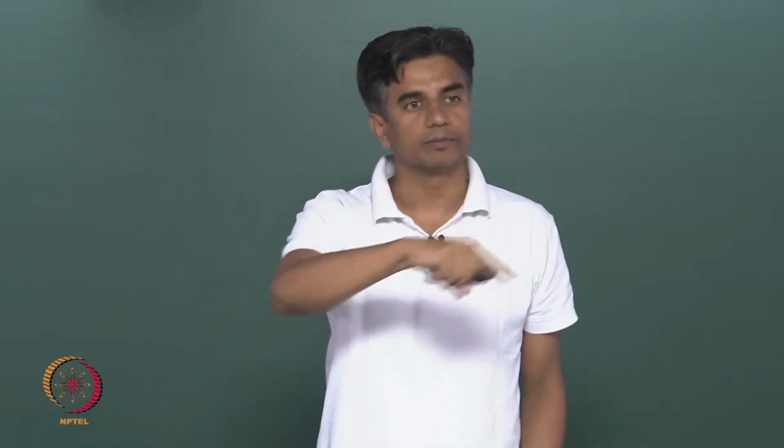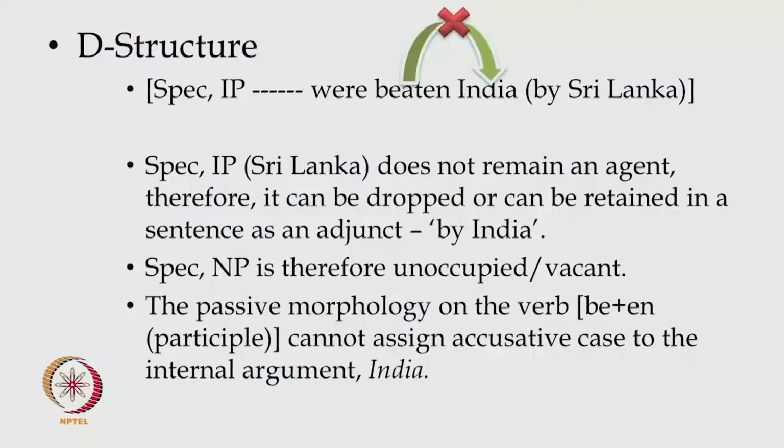When we look at the deep structure of a passive verb, then we see the problem that we were discussing. The problem is the spec position of IP does not get an agent theta role. Okay? It doesn't get a theta role and it remains empty. If an NP is not assigned a theta role, then it will not appear in a position.